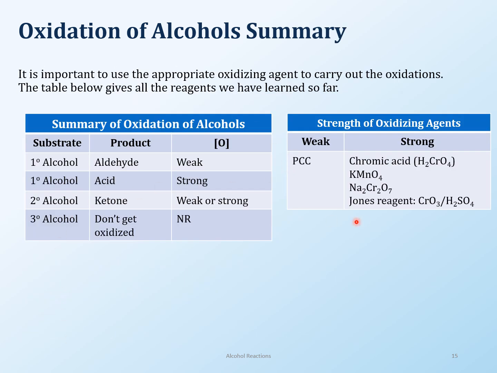So here is a little bit of a summary in case you are looking for different kinds of reagents or what each alcohol does. Here is the strength of oxidizing agents. The weak one, you have only one, PCC. The strong ones, you can use any of these. So you can use chromic acid, potassium permanganate, sodium dichromate, or Jones reagent, which is actually chromate also in sulfuric acid.